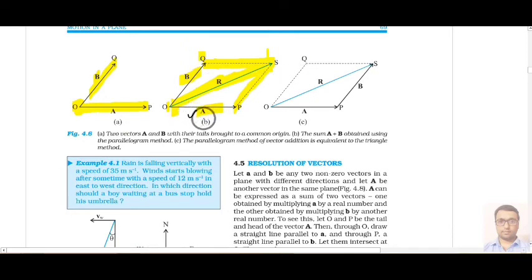In this parallelogram these two vectors A and B will be adjacent sides of the parallelogram, and the diagonal will represent their sum. Actually you will see that this vector B will be placed over here, like here you can see. Then tail of vector B and head of vector A are both together because opposite sides of a parallelogram are equal. In that case, this resultant can also be obtained by law of triangle.